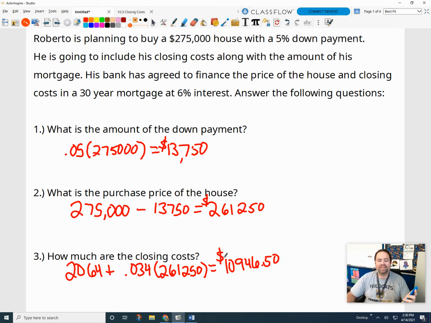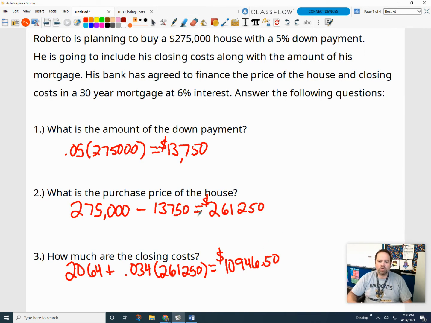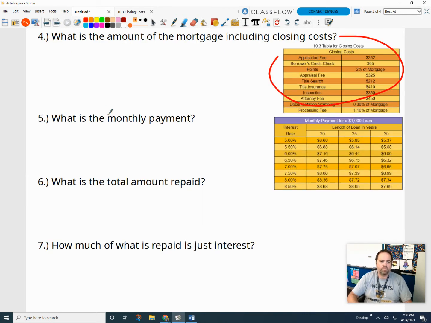So the next question is, what is the actual amount of the mortgage? What is his mortgage including the closing costs? It makes a little more sense when this flows from one question to the next, but I need to take the purchase price of the house plus the closing costs. So 261,250 plus that extra $10,946.50.